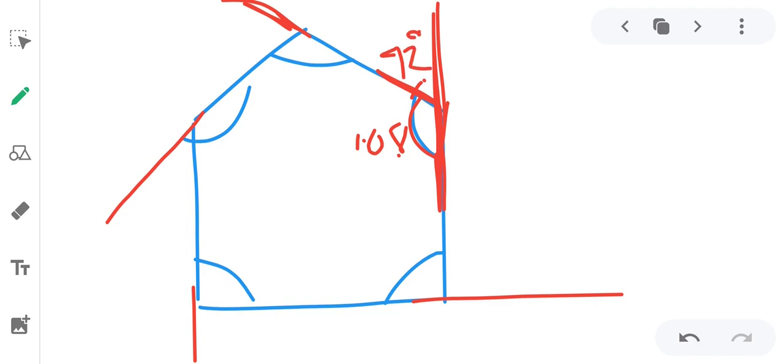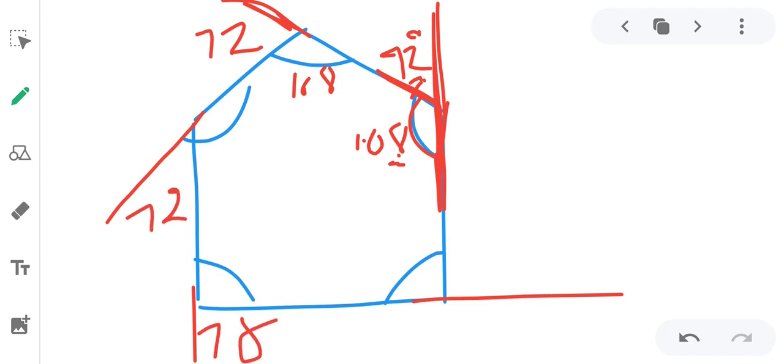So 108 degrees plus 72 degrees is equal to 180. Similarly, this is 180 degrees and the measure of this angle will be 72. Similarly, this is 72, similarly this is 72, and the measure of this angle will also be 72 degrees.